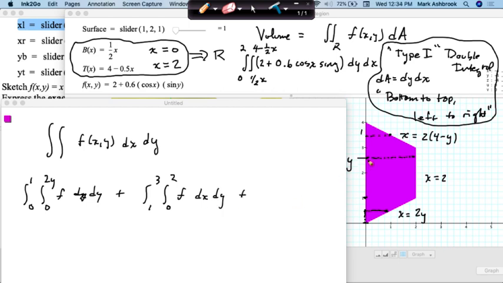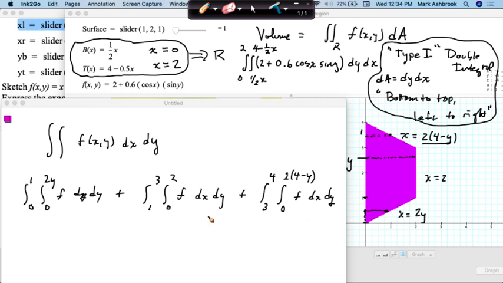And when y goes from 3 to 4, what is x doing? It goes from 0 to this, right? Does this make sense? We'll just stop there.